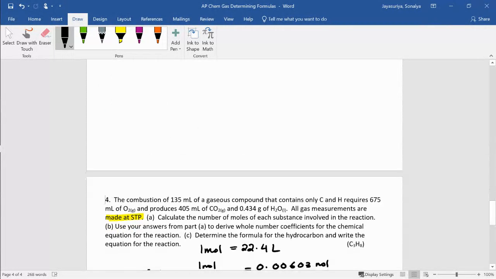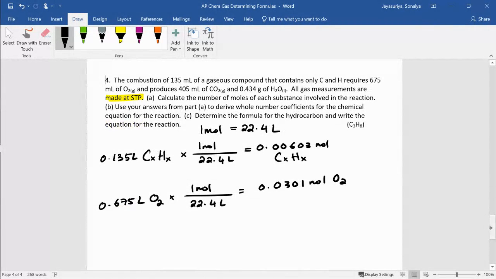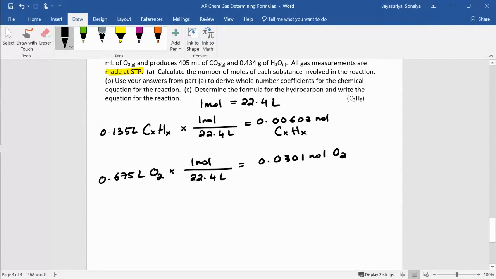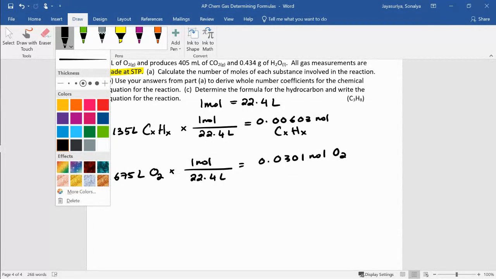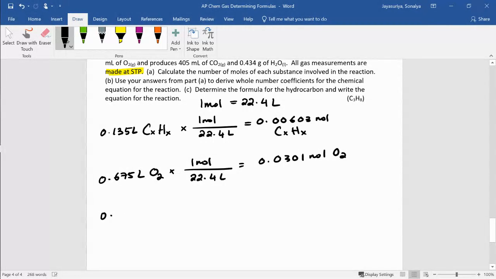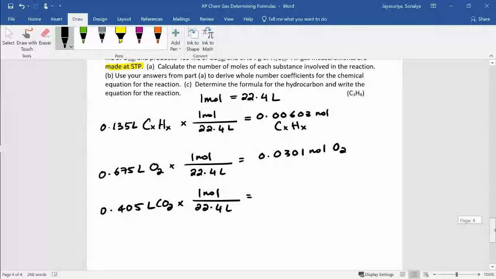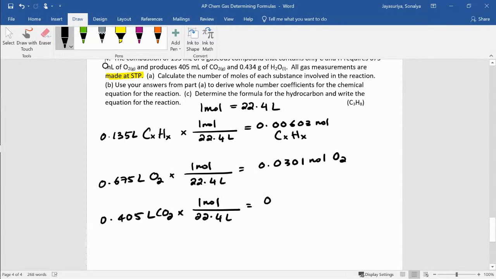Then the next one is CO2. I have 0.405 liters of CO2. Convert to moles, and that gives me 0.0181 moles of CO2. Sorry for all the movement of the screen.